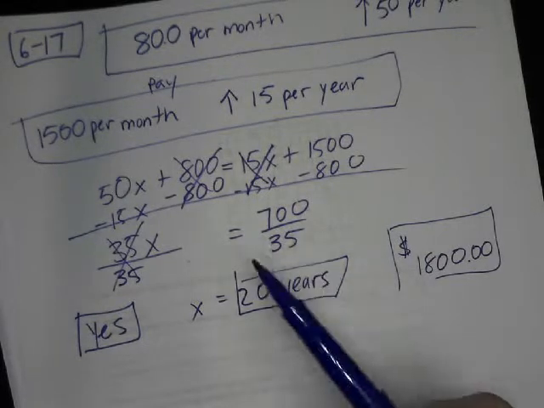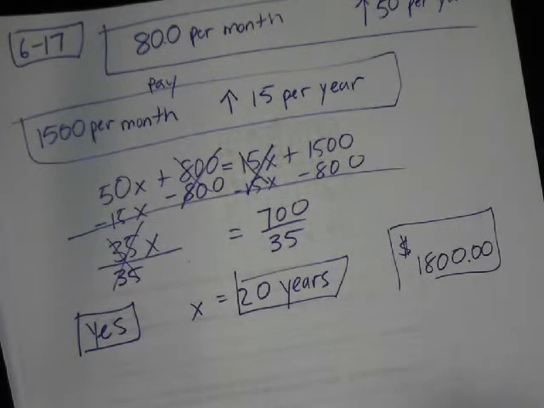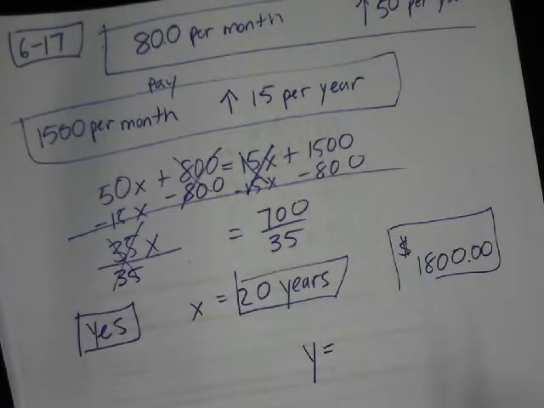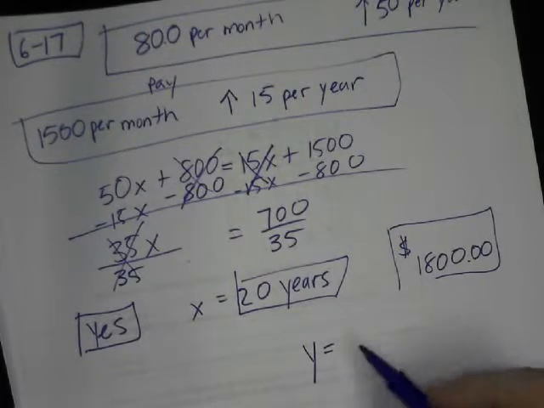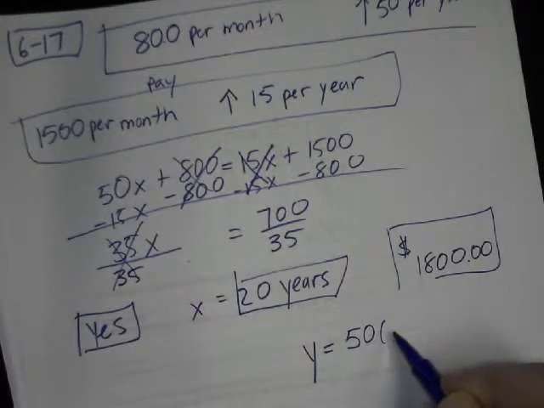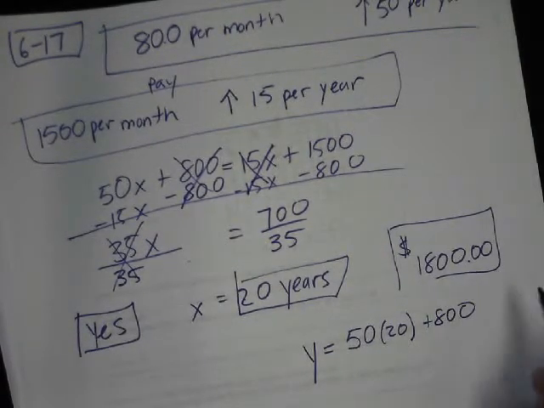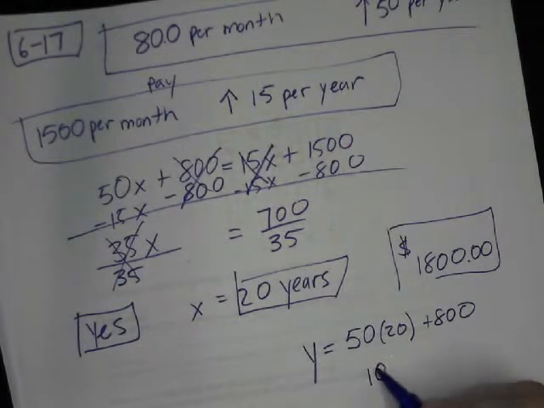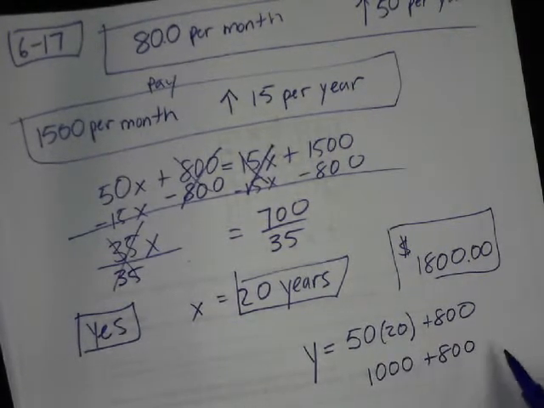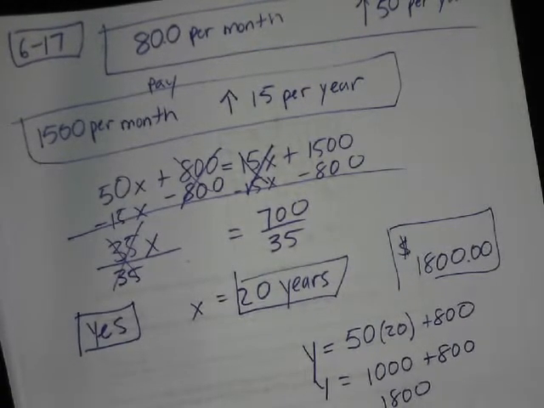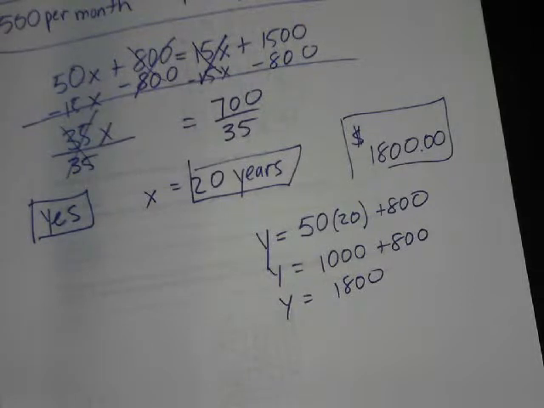If you plug in 20 for x, like y equals mx plus b. Which equation did you use, Sandy? I used both of them, but I used the first one first, like 50x, so 50 times 20. That came out to be 1,000. And then you add 800, which is 1,800. And then you could do it into the other equation.